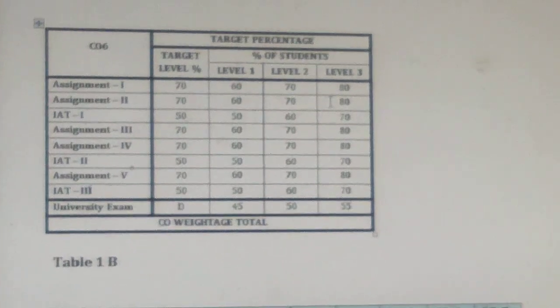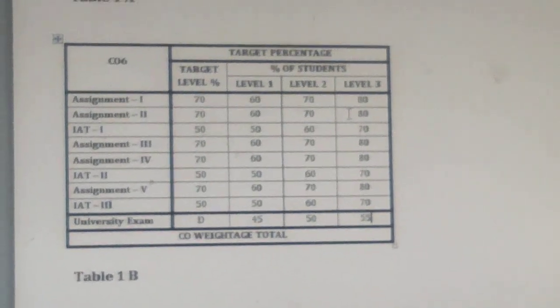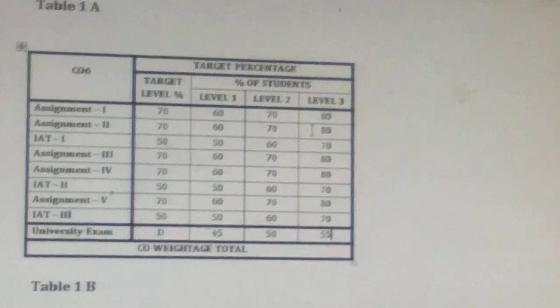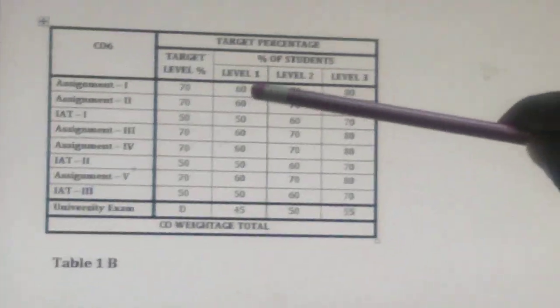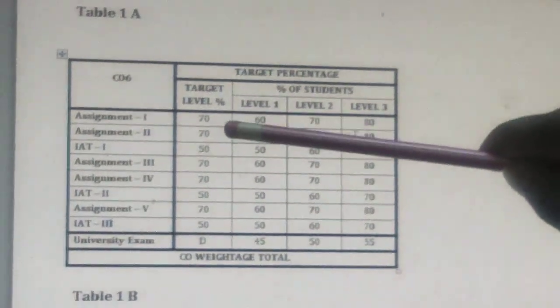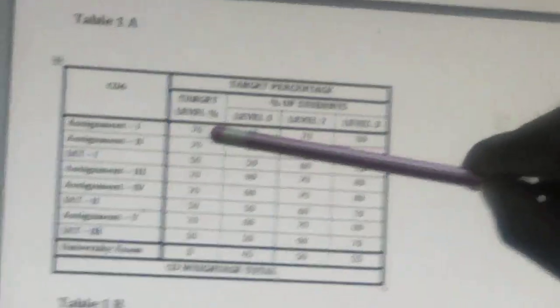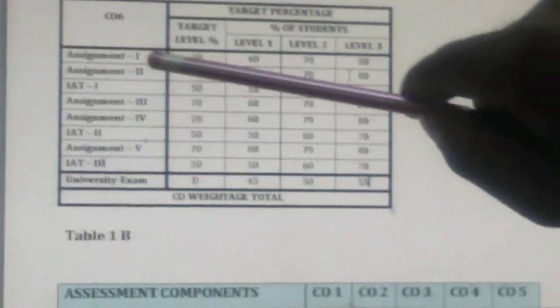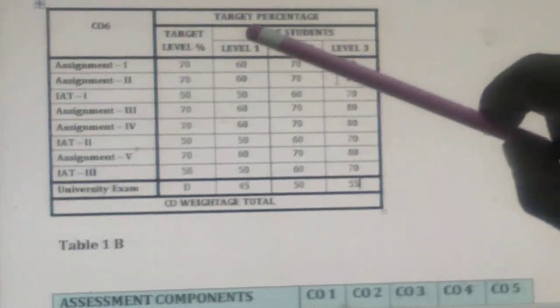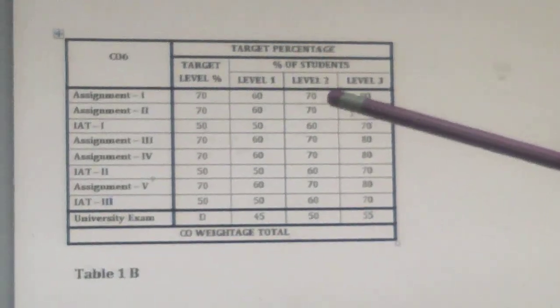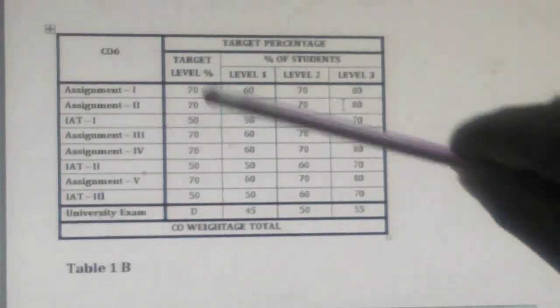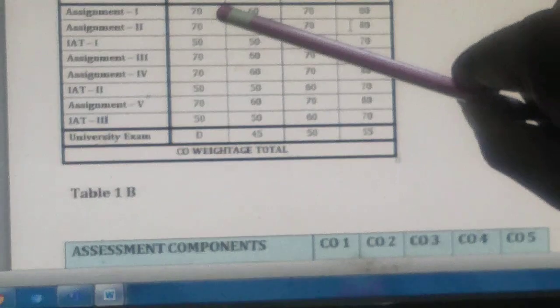Level 1 means if in my class 60% of the students have reached the target of 70% marks in assignment 1, the level is 1. If 70% of the students have reached 70% marks, that is the target in assignment 1, it is level 2.